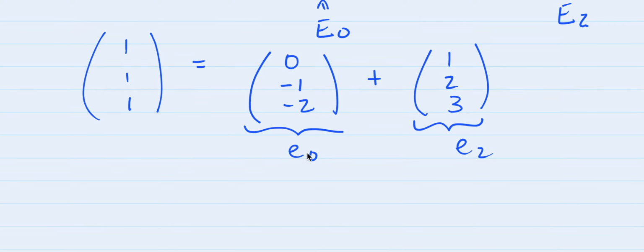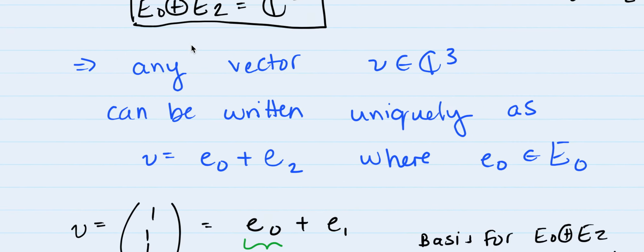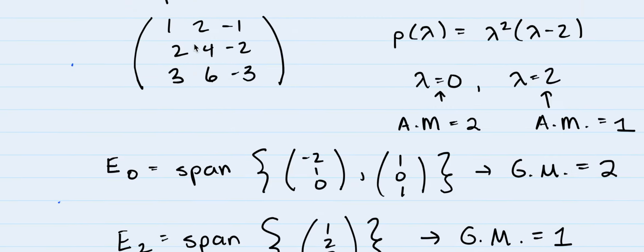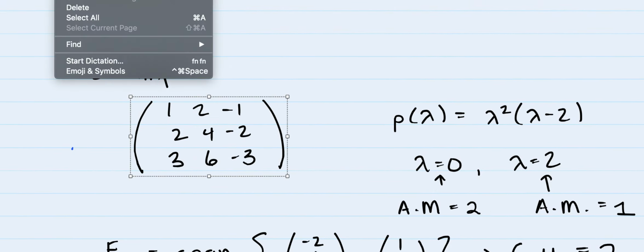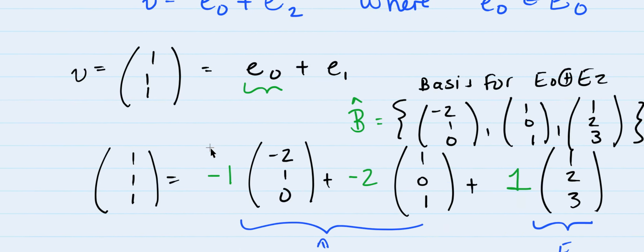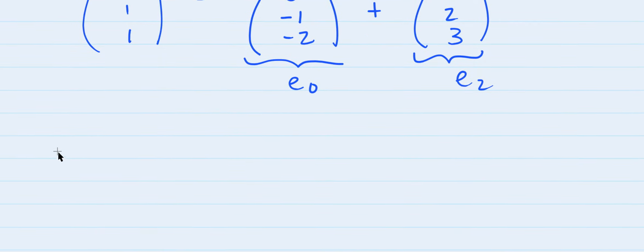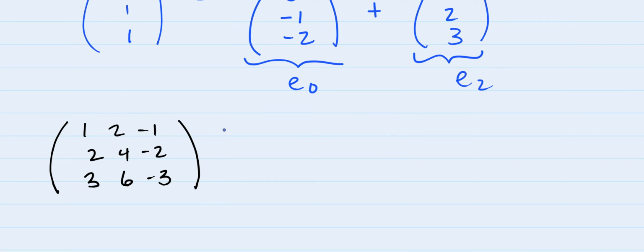So let's go back up and review what A was actually equal to, the original matrix. This was our matrix. Let's move it down here. Okay. Let's apply this matrix to the vector 1, 1, 1 and see what we get.